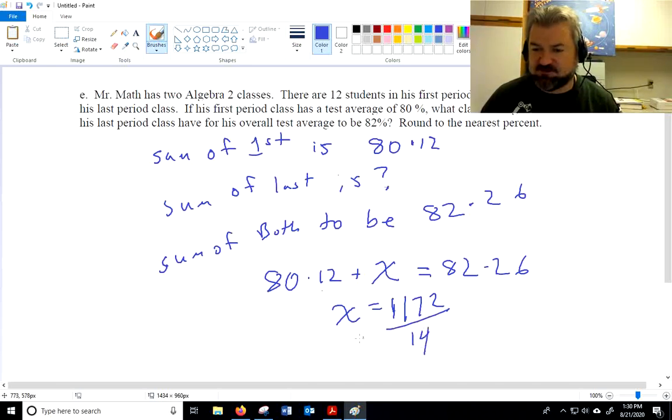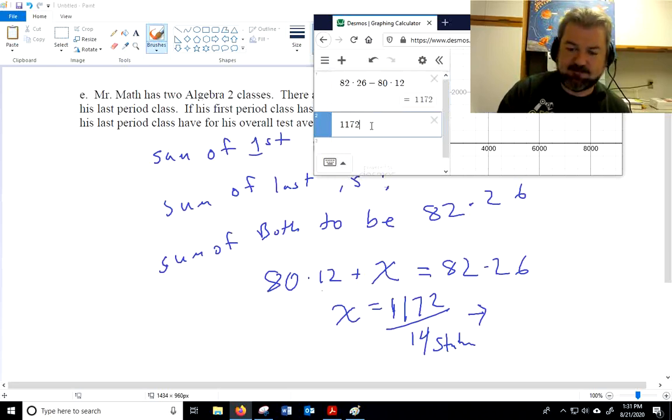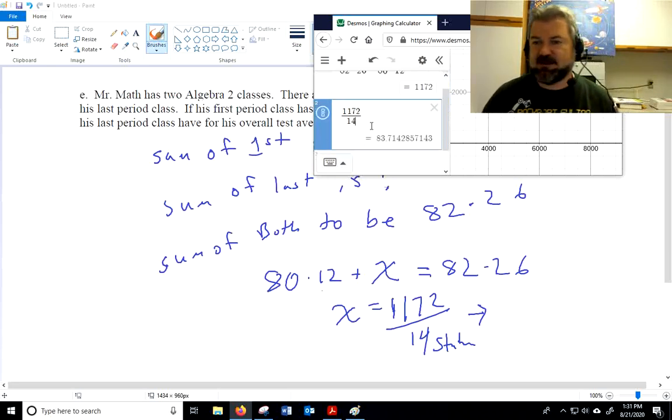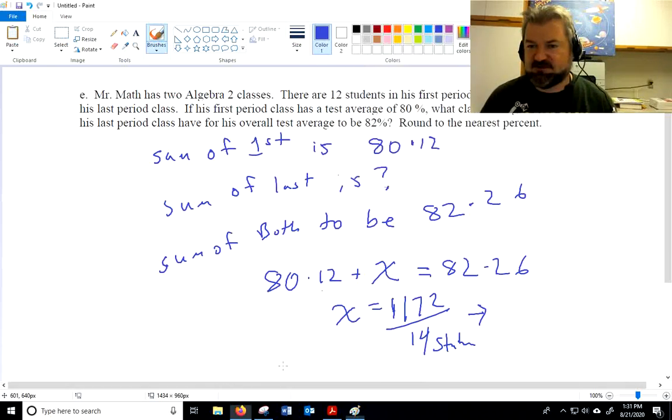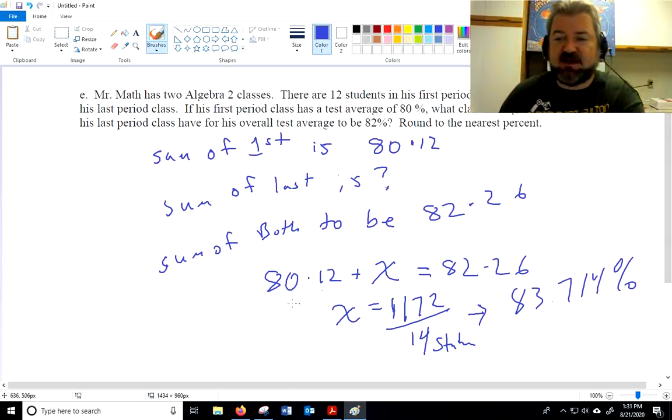If I divide that by 14 students, 83.714%. All right. So, yeah, lots of different ways you could do that.